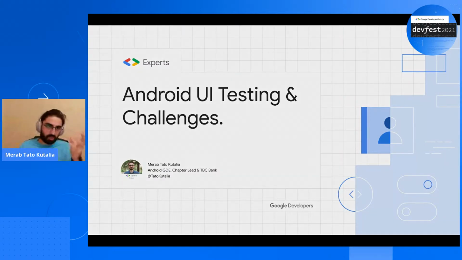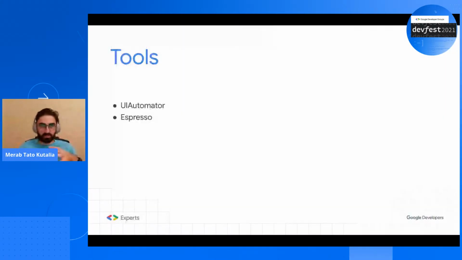What do we have nowadays in terms of UI testing, and what are the tools available for Android? The first one is UI Automator, which we will not talk about in depth today. UI Automator helps us manipulate our UIs.